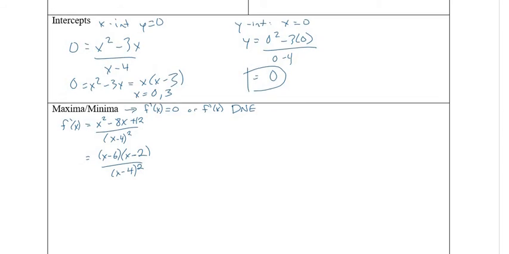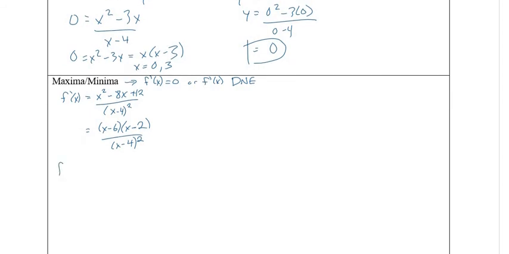So again, nice, Mr. Henderson did the derivative for you. So make sure you know how to do that. But all we're going to do is find all the spots where f prime of x is equal to 0 or f prime of x does not exist.